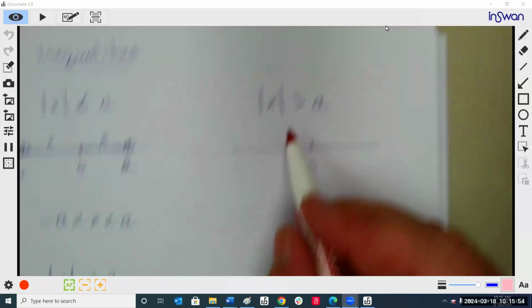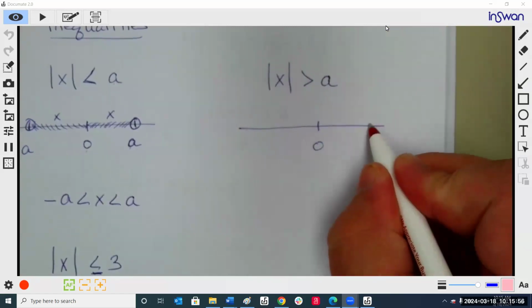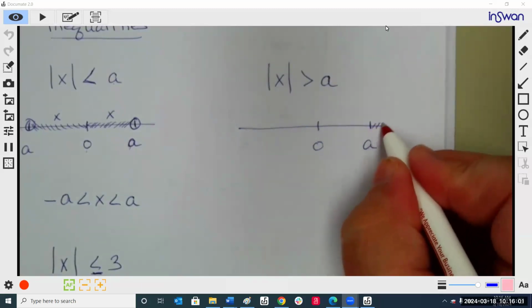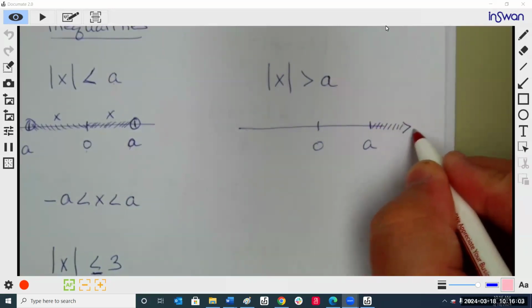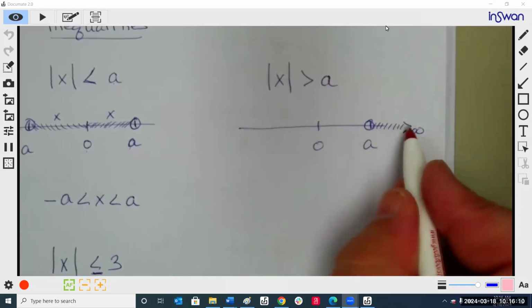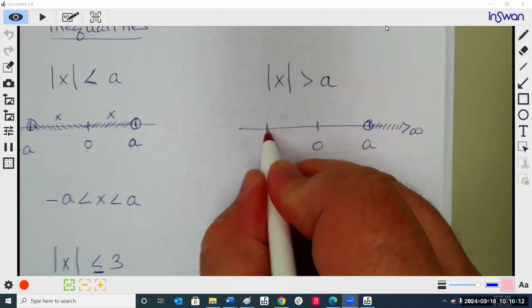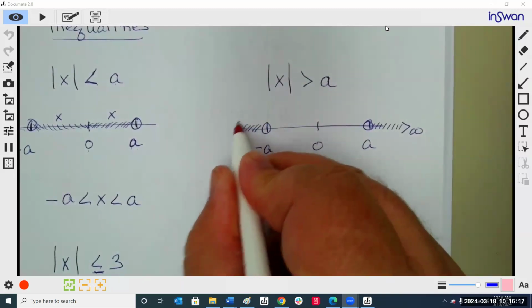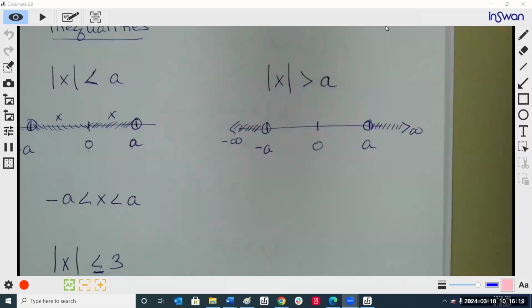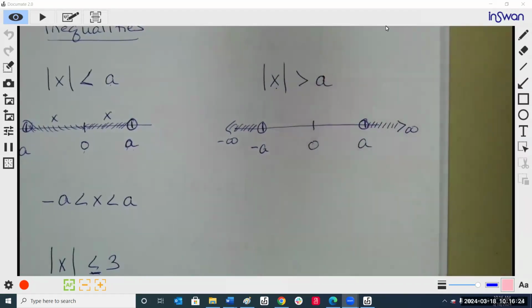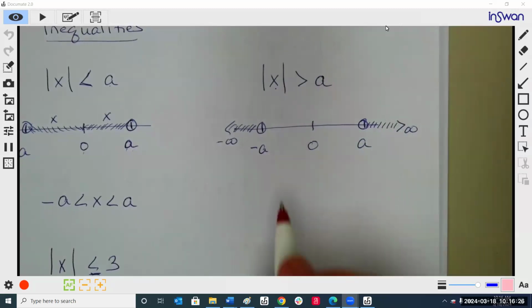It's opposite now if it's greater than. If we had some number a here and x is greater than a, that means it's going towards infinity. Open circle. So since it's going away from 0, we do the same thing from negative a. It goes to negative infinity. So if absolute value of x is greater than a, that means it's going towards infinities.